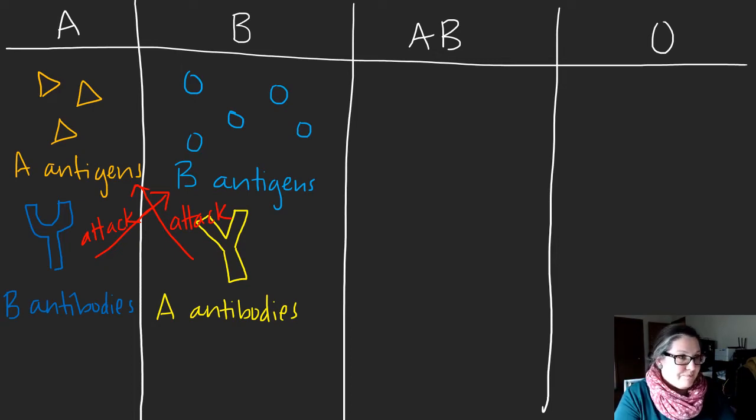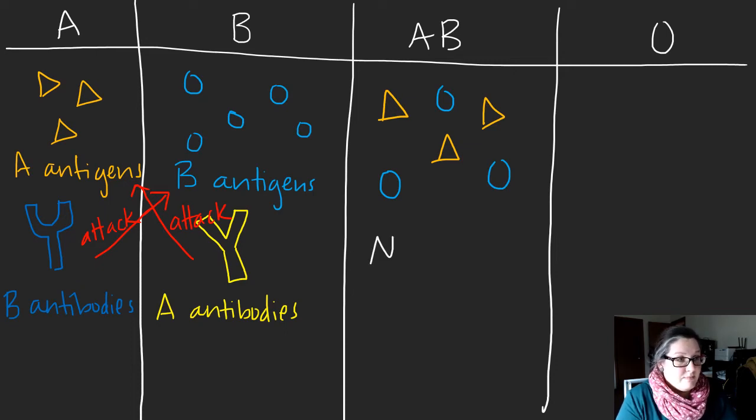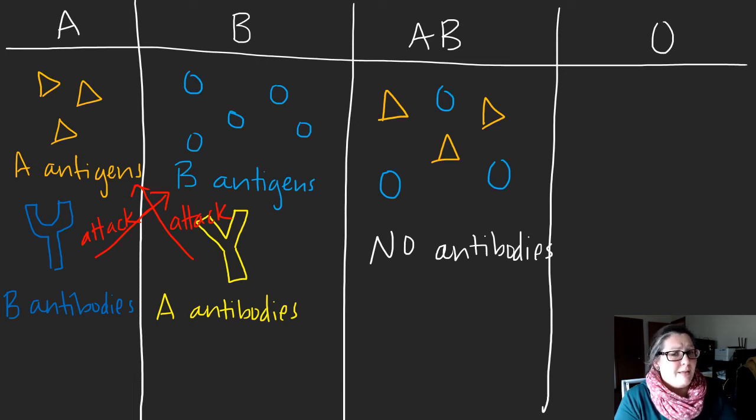Now, AB individuals have both of these antigens on their cell surfaces. So AB patients do not make any antibodies, not against these anyway. Because if they made A or B, their own blood would clump, and that would be bad news.